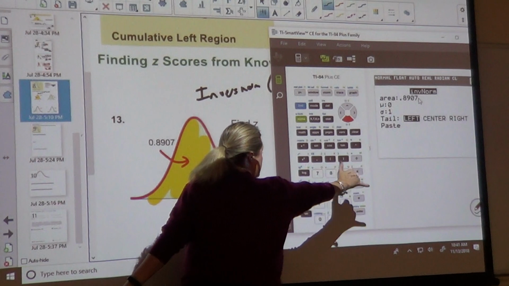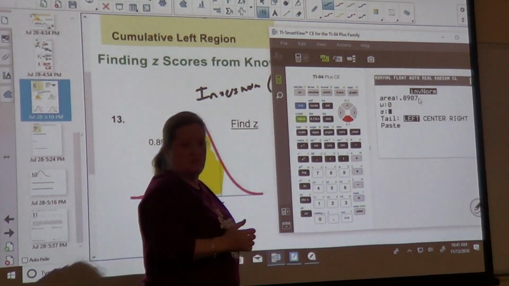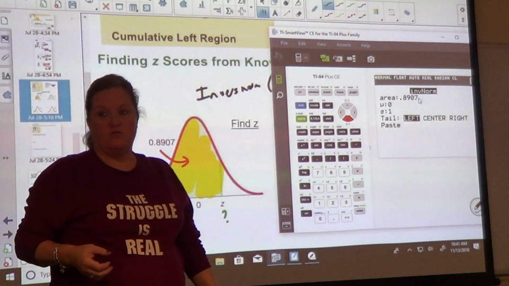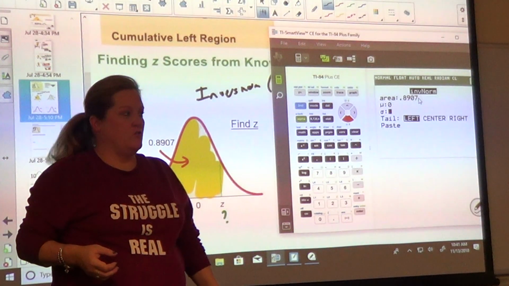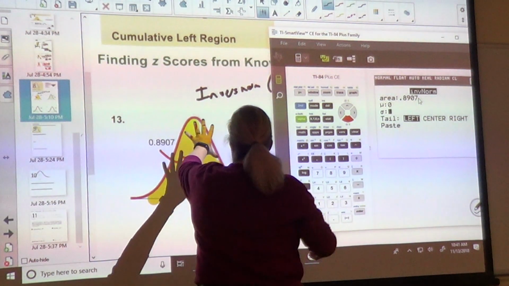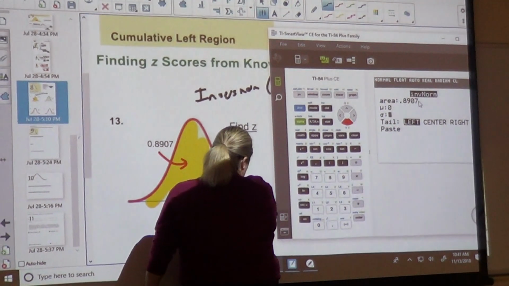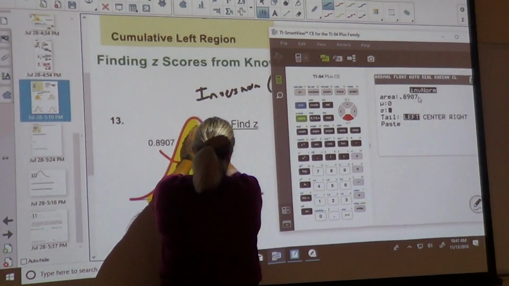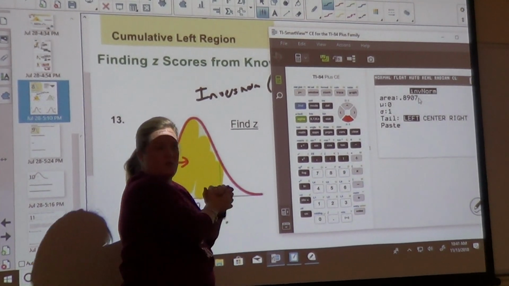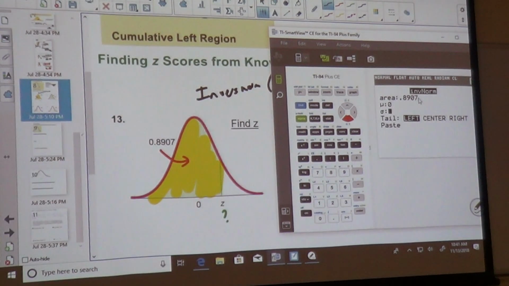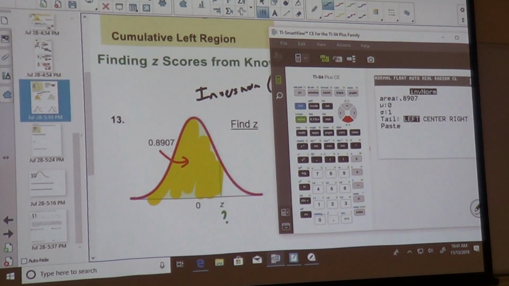Is your tail going to the right? Or is it in the center? So when I shade, am I shading a tail this way, or this way, or am I just keeping my shading in the middle? To the left, to the left. Okay? So I'm going to keep my tail to the left.